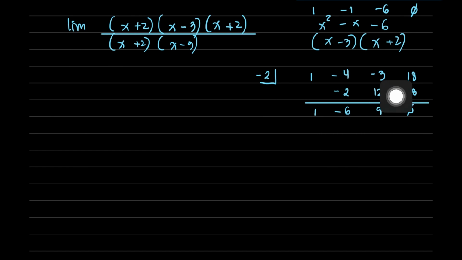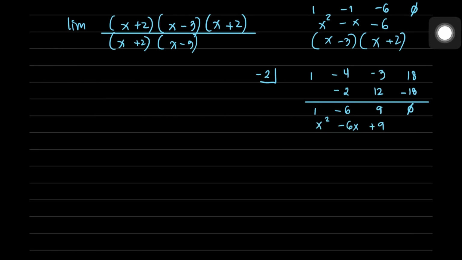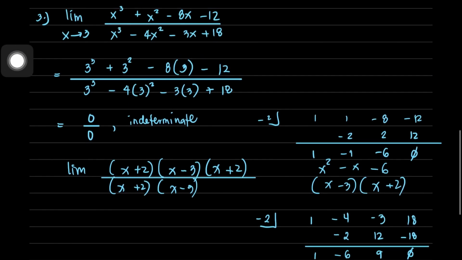That means the resulting expression is x squared minus 6x plus 9, which is actually the binomial expansion of x minus 3 raised to 2. So the repeated root in this expression is x minus 3. There we go. So as x approaches 3.